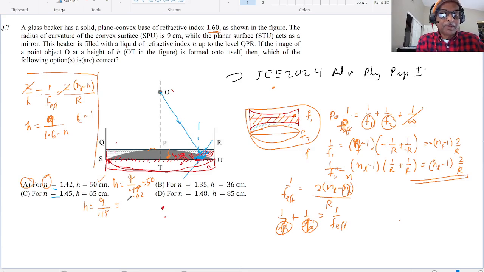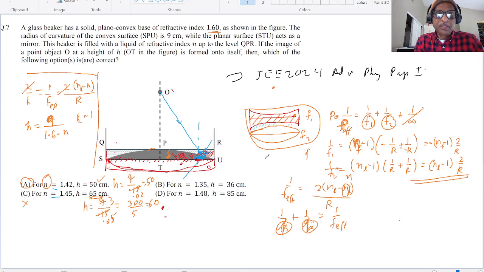So this is 900 over 15, which gives 60. This doesn't look right, so this would not be right.